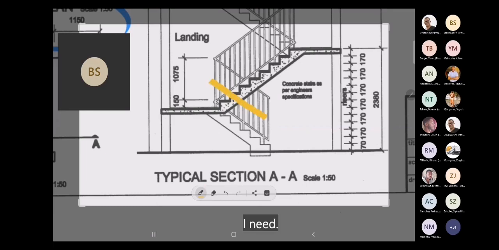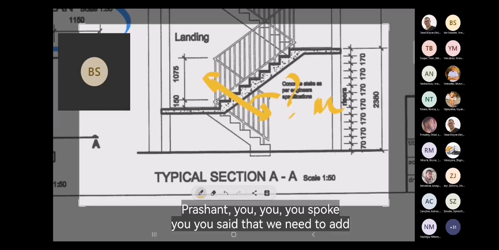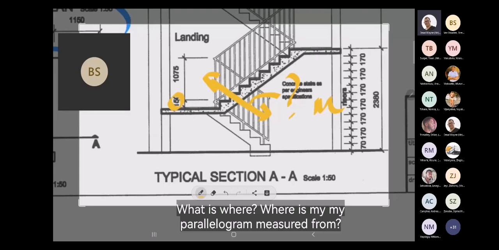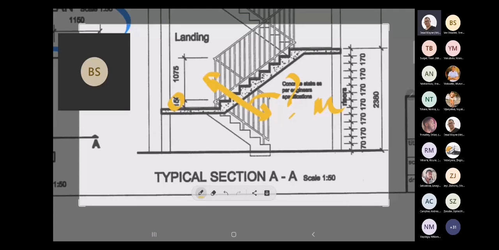I need the length in meters. My question again, Prashant, you said that we need to add the 150. Where is my parallelogram measured from?